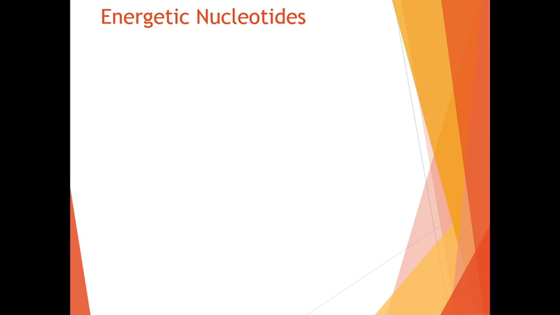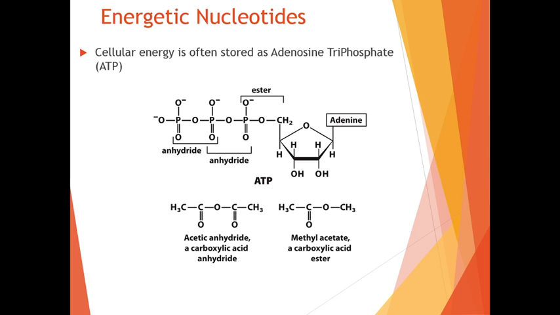In addition to their roles as the subunits of nucleic acids, nucleotides have a variety of other functions in every cell. For example, they function as energy carriers, components of enzyme cofactors, and chemical messengers. To start with, cellular energy is often stored as adenosine triphosphate, or ATP. Shown here is the structure of ATP, and remember, it has a ribose sugar ring with an adenine base.